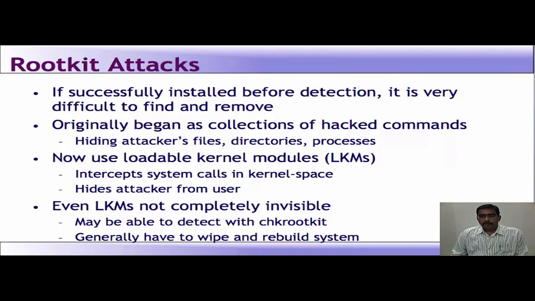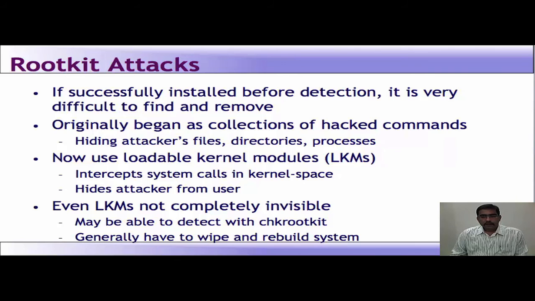For example, if an attacker were able to replace the compromised Linux system ls command with a rootkit version of ls, then anyone executing the ls command to view files and directories would see everything except that attacker's files and directories. Now, since the advent of LKMs, loadable kernel modules, rootkits have more frequently taken the form of LKMs.